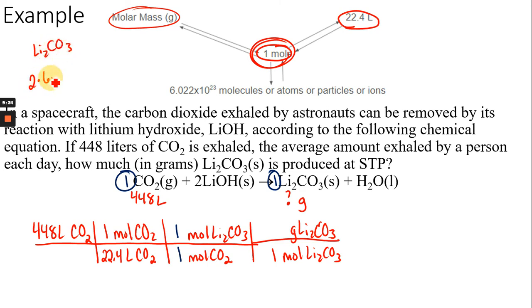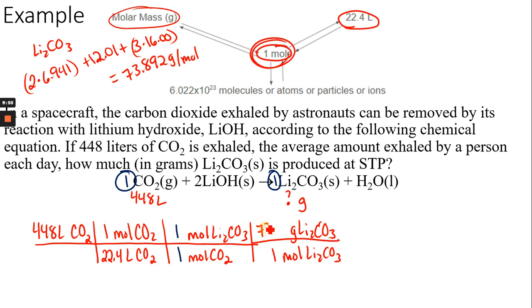So 2 times the mass of lithium plus the mass of carbon plus the mass of 3 oxygens, and that would equal 73.892 grams per mole. So there's 73.892 grams for every 1 mole of lithium carbonate.